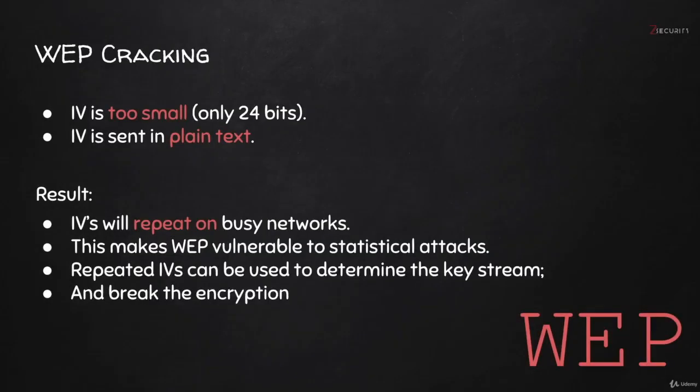Now, considering the huge amount of traffic that can be generated on a Wi-Fi network, this number is not big enough, and the IVs will start getting repeated in a busy network. This makes WEP vulnerable to statistical attacks, so we can use a tool called aircrack-ng to determine the key stream once we have enough repeated IVs, and from that it will also be able to crack WEP and give us the key to the network.